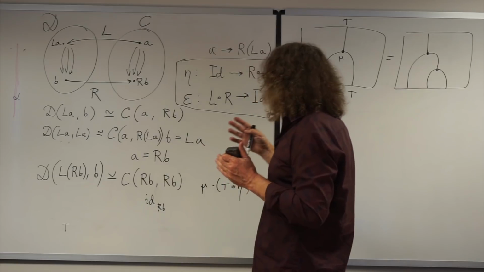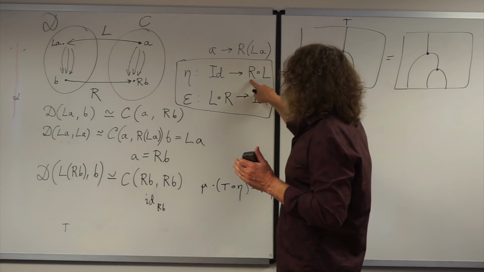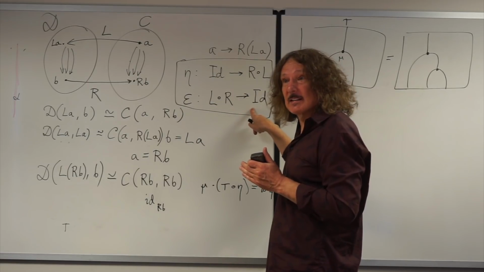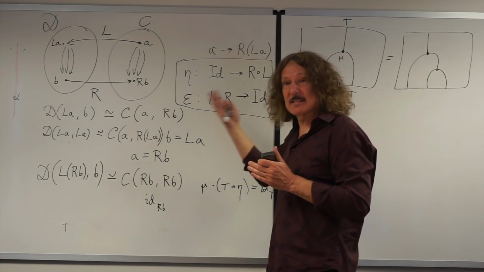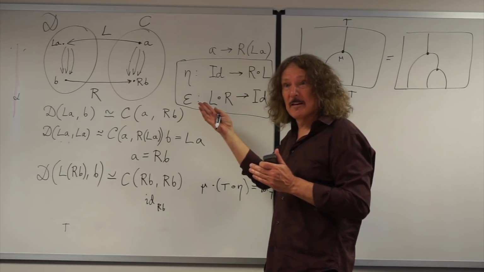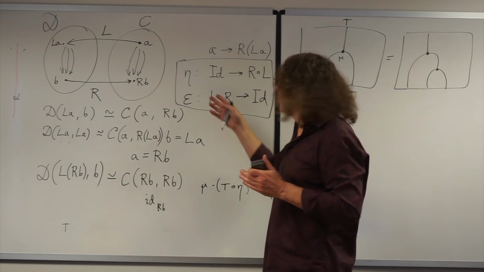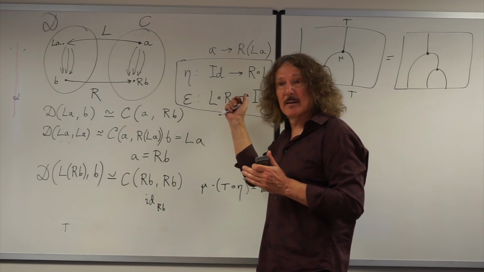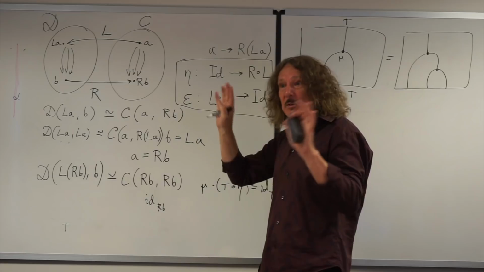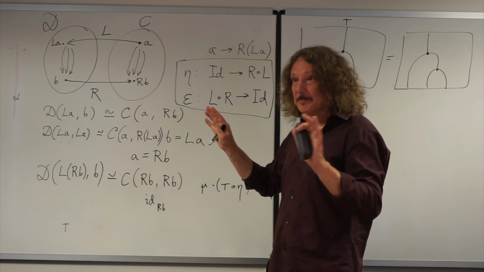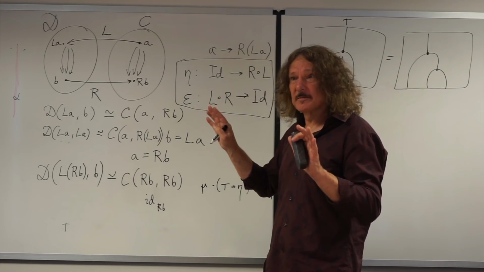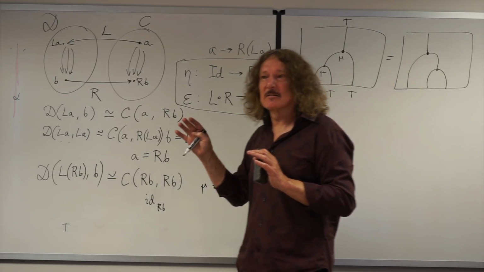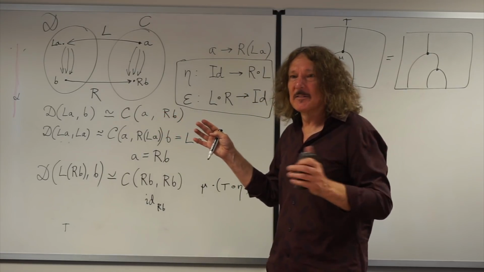If these were the inverses, then RL would be equal to identity and LR would be equal to identity, which would mean that L is the inverse of R. They are not, because these natural transformations go only one way. So it's not fully inverse, but it's close to the inverse. It's the best approximation to the inverse that we can get.